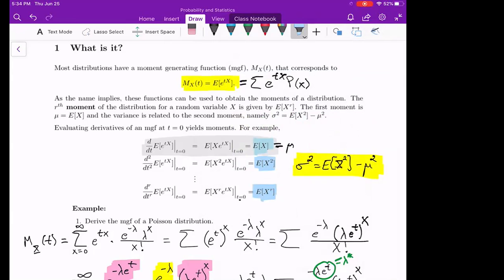And the variance uses the second moment minus the first moment squared. Does that clarify, or is there something still fuzzy about which are the moments and which are the mean and variance? The mean is a moment. The variance uses 2 moments to get at it. No, that makes perfect sense. Excellent. Thank you. You're welcome.